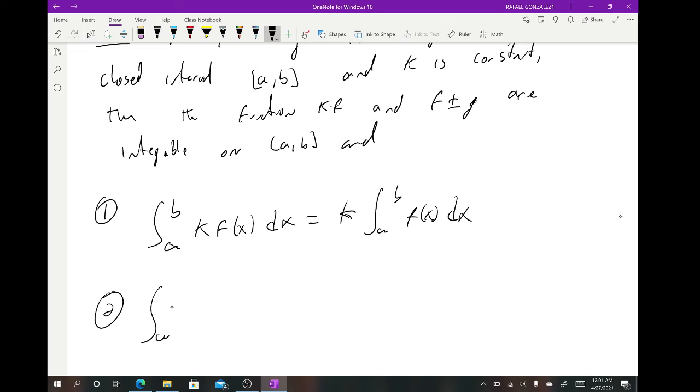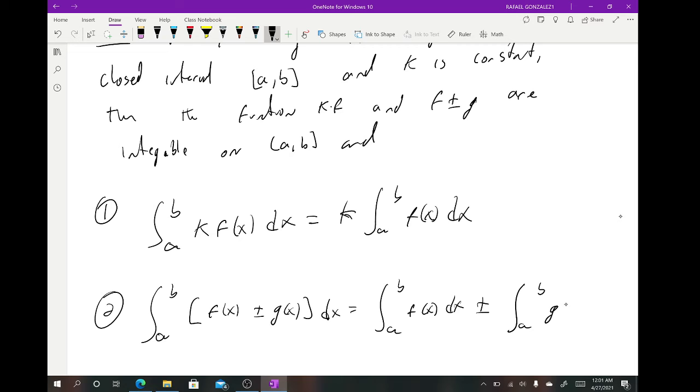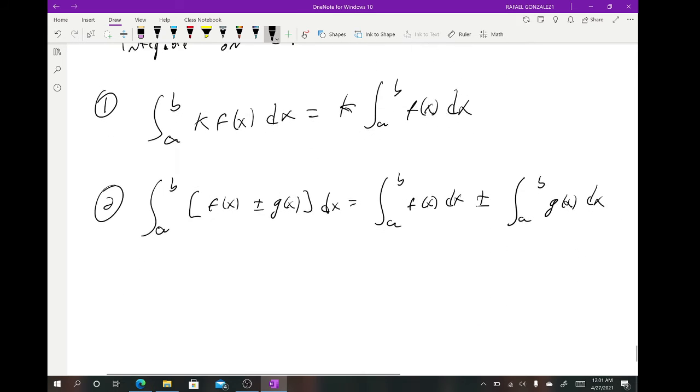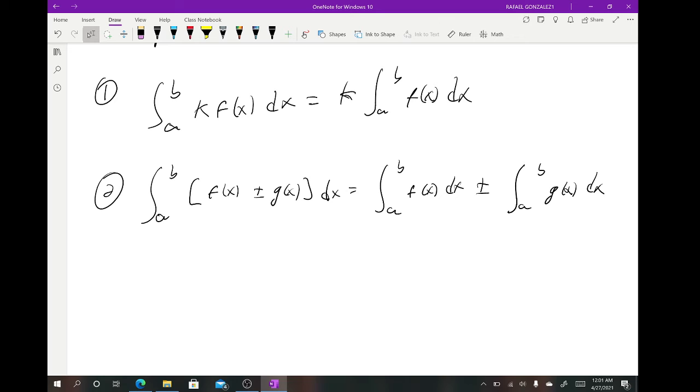And 2, the definite integral from a to b of f of x plus or minus g of x dx is equal to the definite integral from a to b of f of x dx plus or minus the definite integral from a to b of g of x dx. So if you have the sum of two functions, you could separate the integral. And this applies for more than just two functions. It applies if you have 5, 6, or even 10 functions. Let's do an example of that.